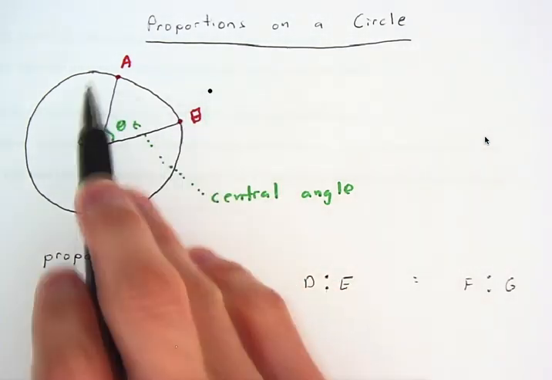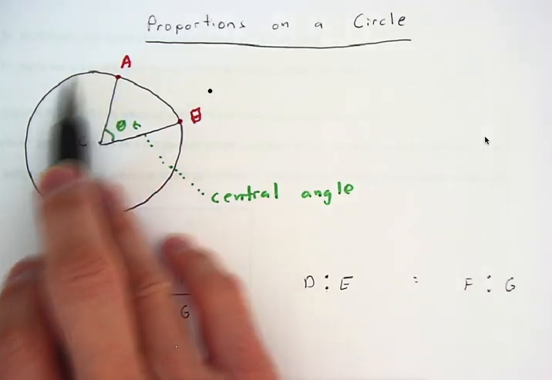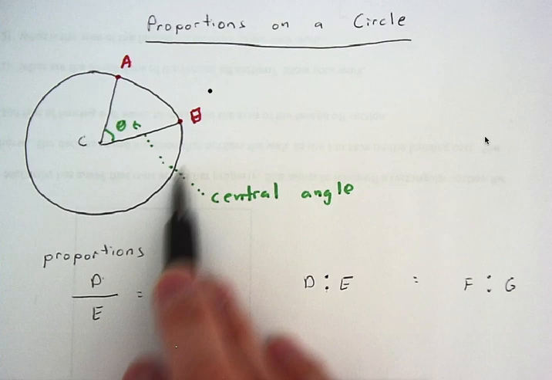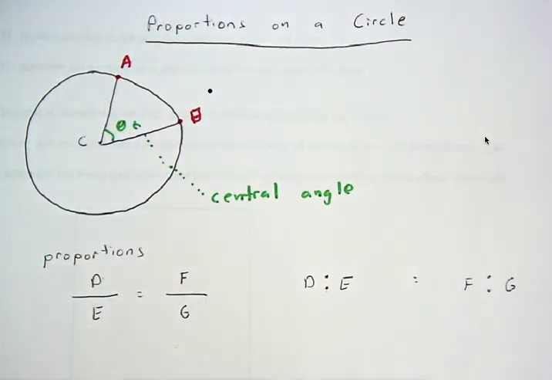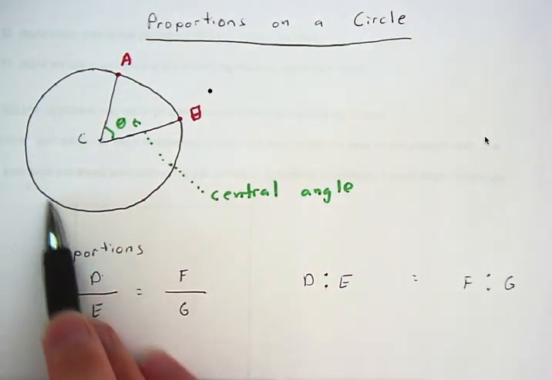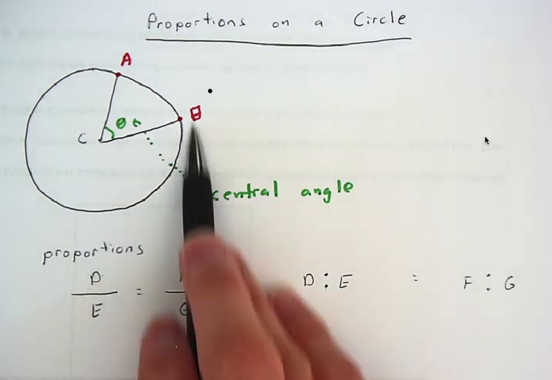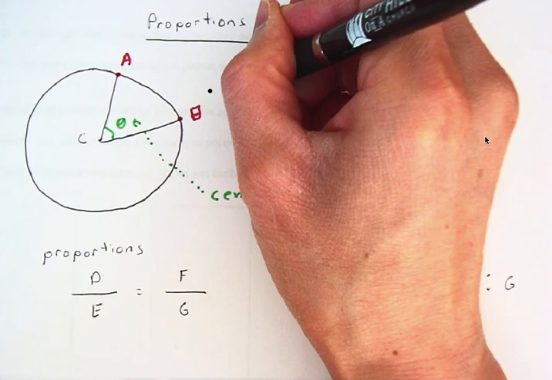If I'm talking about the distance to go all the way around the whole circle, that would be the circumference. So if I started here at A and went all the way, the distance from A all the way back to A, that right there is your circumference.